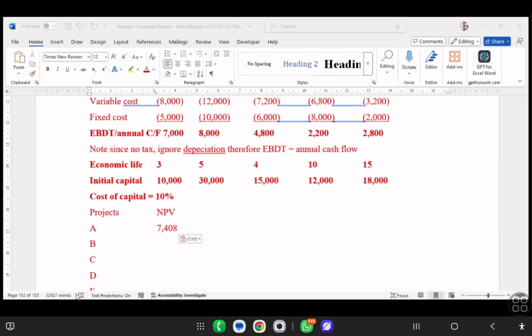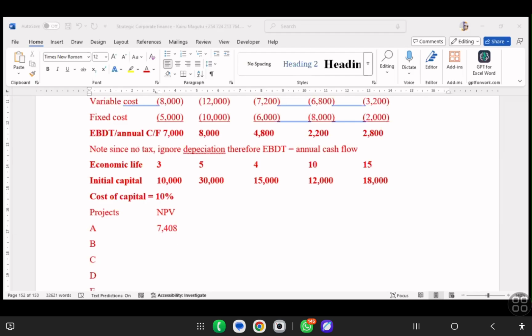Let's have the NPV for B, then C. For B, someone is giving 326.